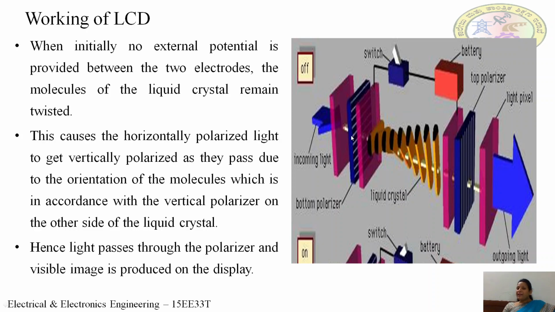The light wave which entered is horizontally polarized, but by the time it reaches the other end of the liquid crystal, it would have twisted to vertical alignment. And now on the other side, since we have the vertical polarizer, the light waves easily pass through the vertical polarizer and that particular area of the display becomes bright. So you will have a visible image produced on the display.